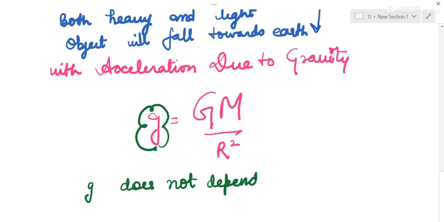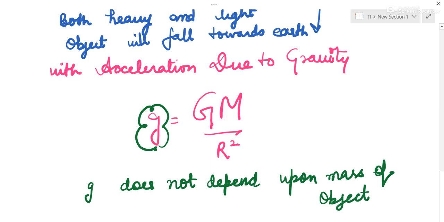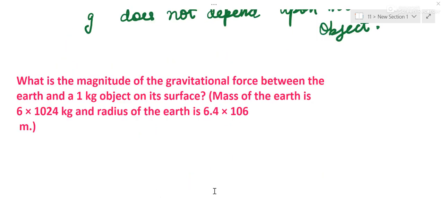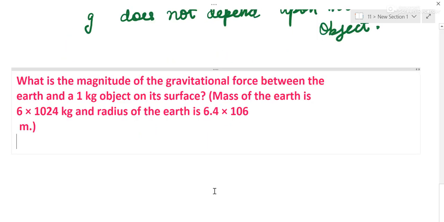Whether you are heavy or light, you will be falling with the same acceleration. So all will fall with the same speed, same velocity and same acceleration. So let us see question number 3.